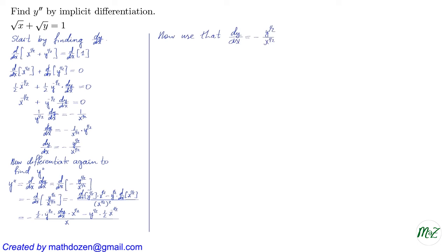Okay, so now to simplify this further, we use that dy over dx is equal to negative y to the 1/2 power over x to the 1/2 power. So we're going to replace dy over dx with negative y to the 1/2 power over x to the 1/2 power.